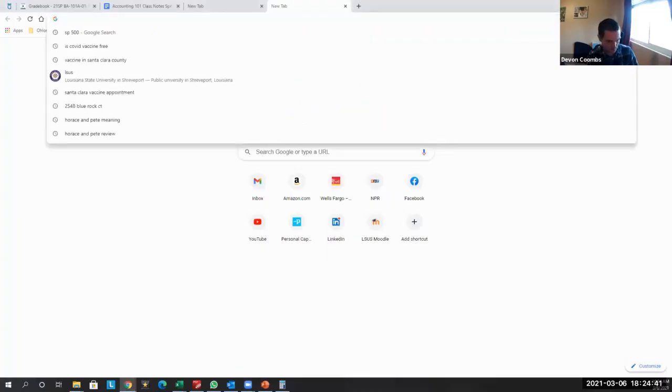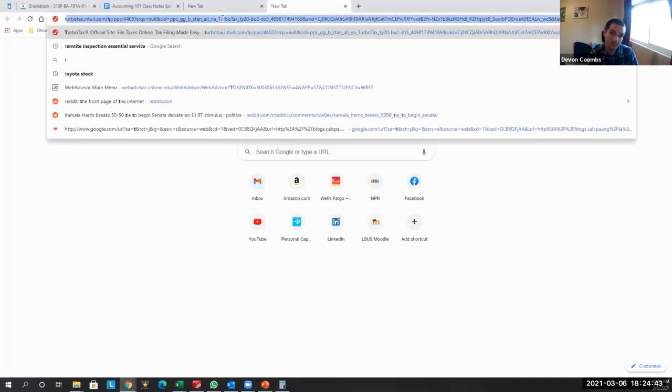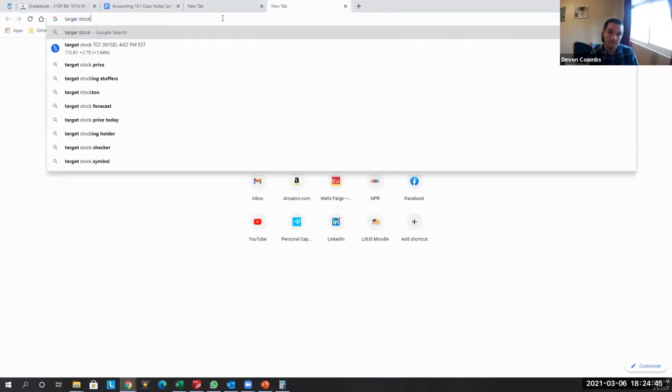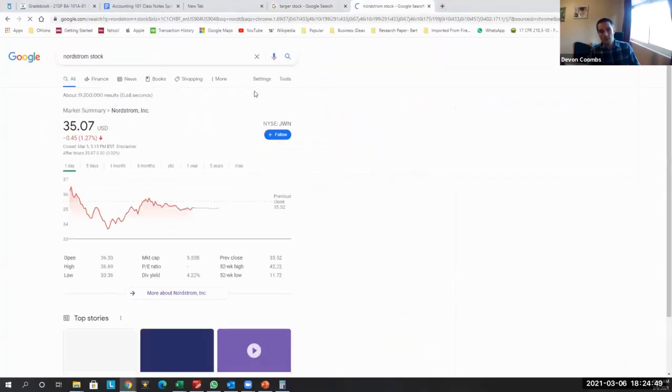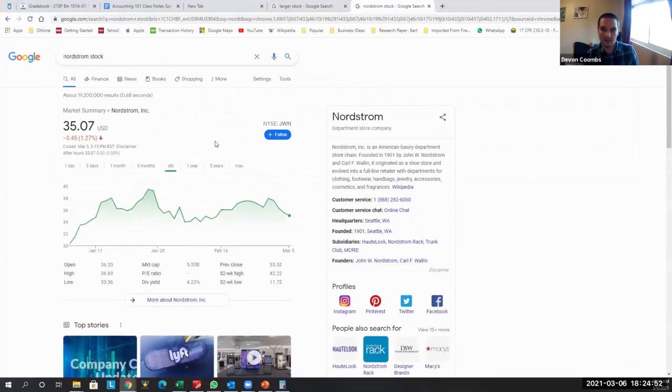So let me share my screen. This is how we calculate it. We go to Target stock, Nordstrom, so we can see how these companies are doing over the year.